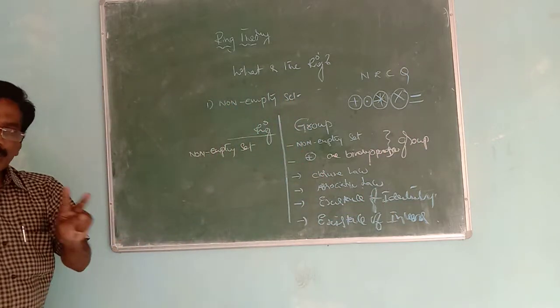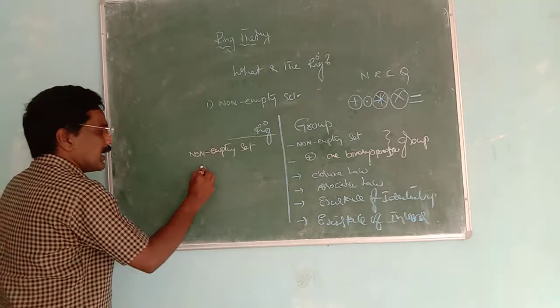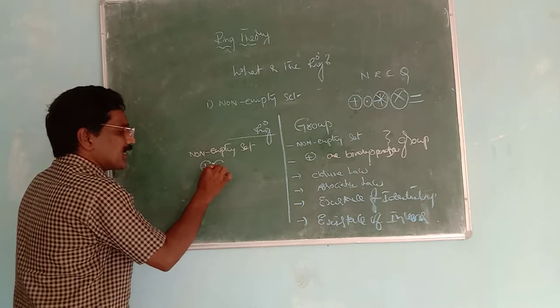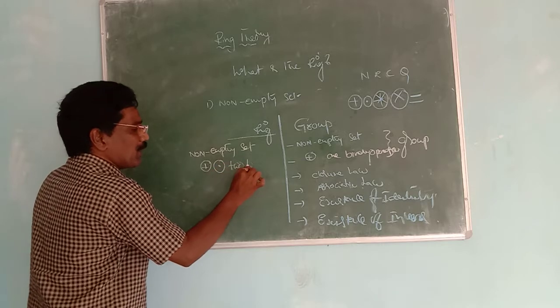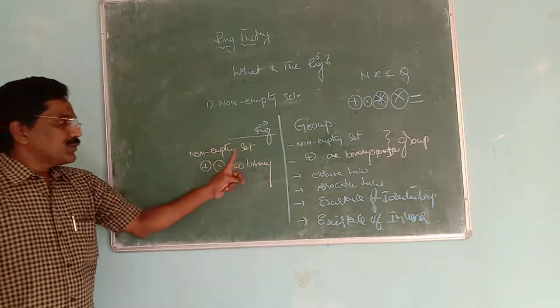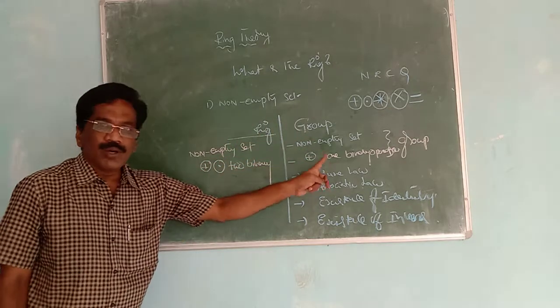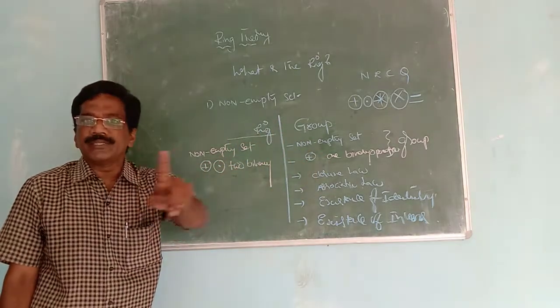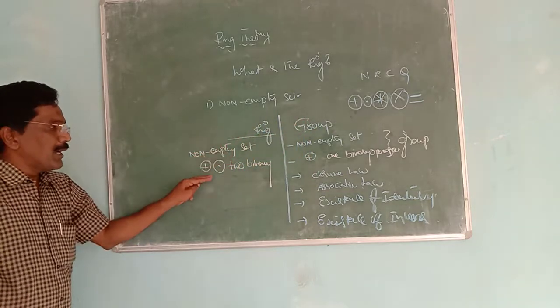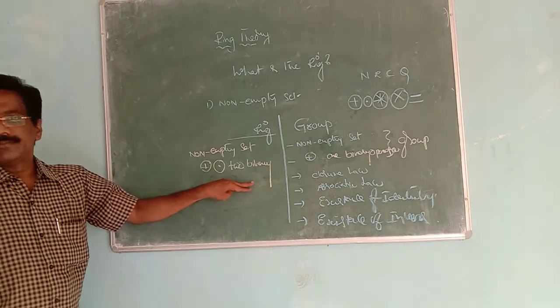So in the ring, two binary operations, addition and dot, are used. In the group, only one binary operation is used to show the group, but to show the ring, two binary operations are used.